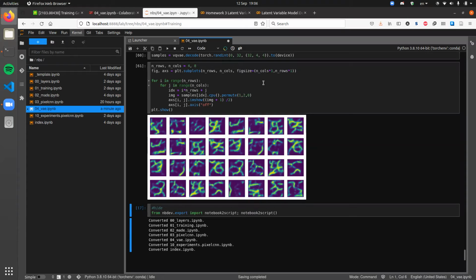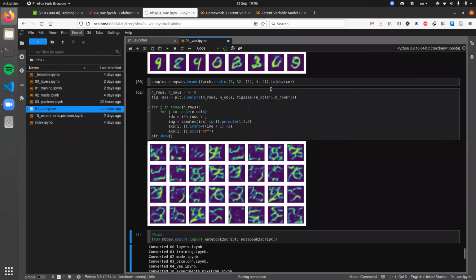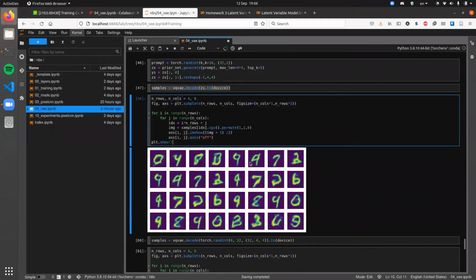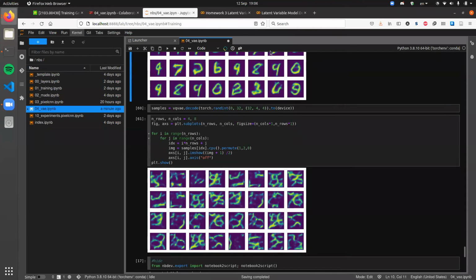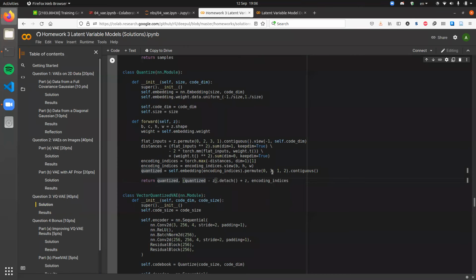When we decode these random numbers, you can see that we have just some kind of line over here, which is completely not representative of the MNIST data set, right? Okay, so now we are done with this MNIST stuff.